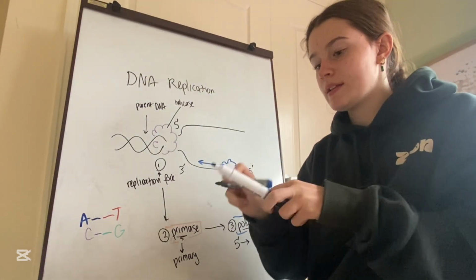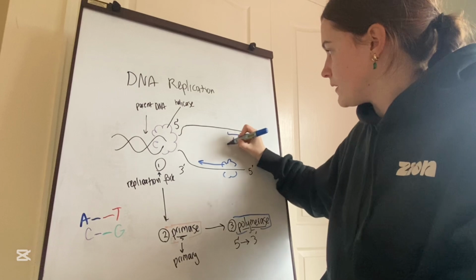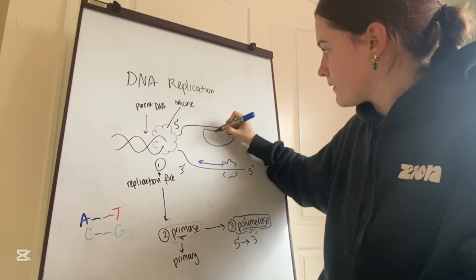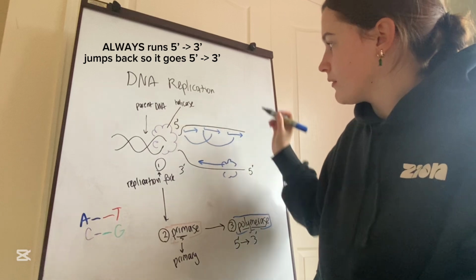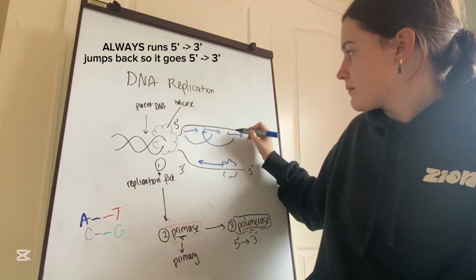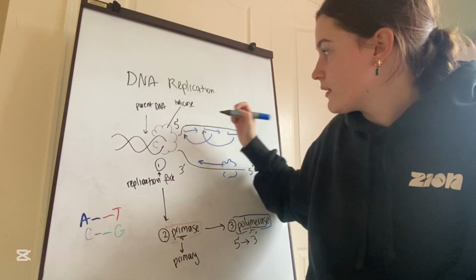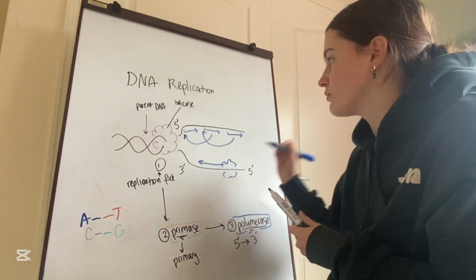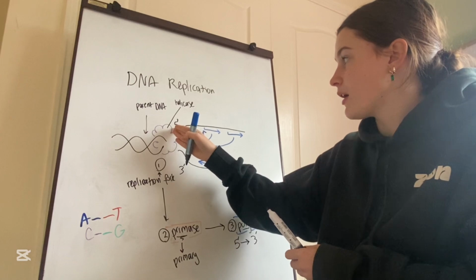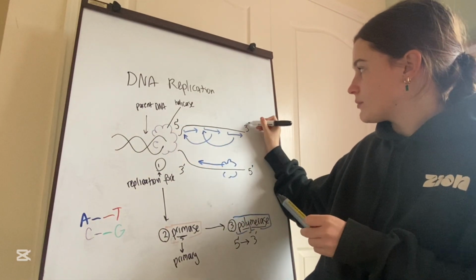What it does is it does this bit, then jumps back, does this bit, and then jumps back. All right, so it goes this way, jumps back, this way, jumps back, this way, and then it keeps doing that until it's finished because it only runs 5' to 3', which I accidentally rubbed off.